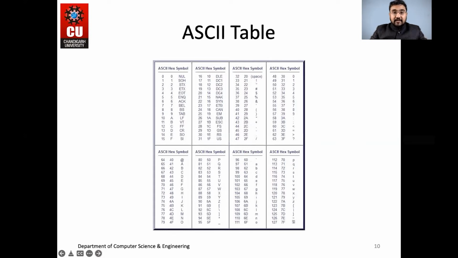As we know, everything is stored in the form of ones and zeros, so we need a mechanism to translate these character values into binary format. That has been done with the help of what we call the ASCII table. The ASCII table basically provides us with the standard codes. Over here, A has a standard code, which is 65.